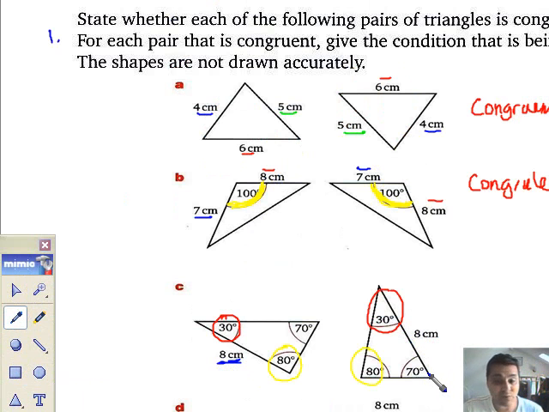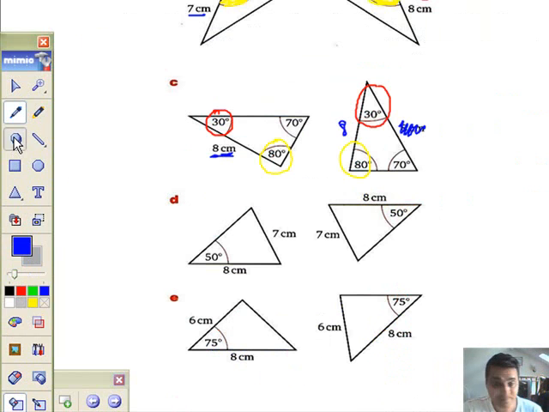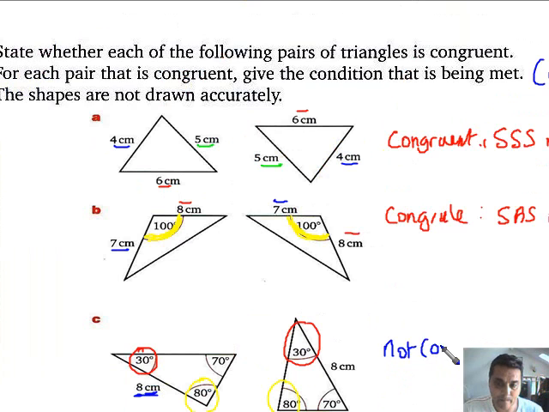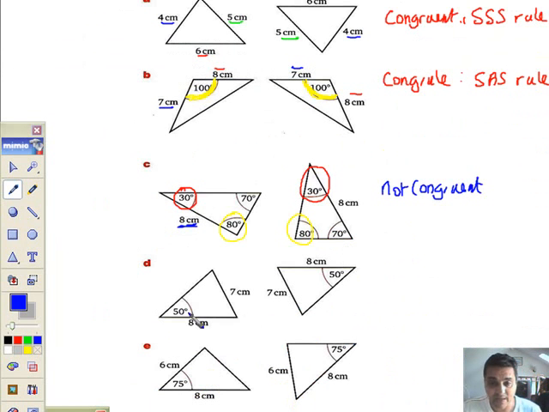Therefore, these triangles are not congruent. Had this 8 been here, then they would have been congruent. But as it stands, they're not congruent. So I'm going to rub it out just to show you the fact that I can't get 3 out of 3. So these are not congruent. And I don't even have to explain why. They're just not congruent. End of.